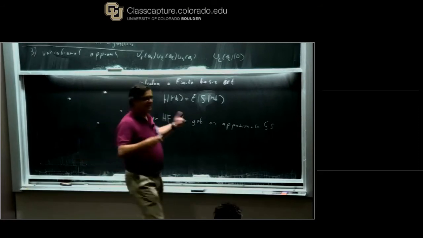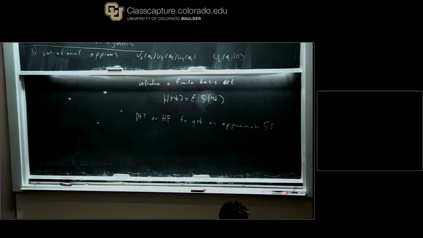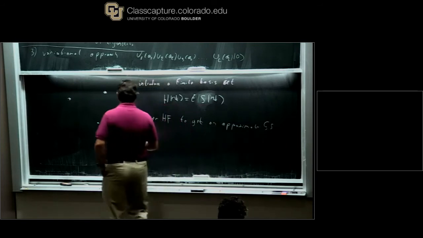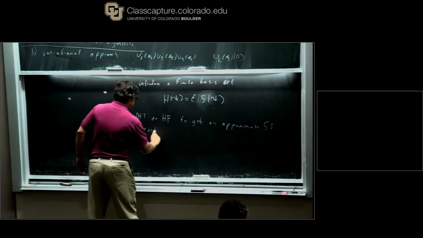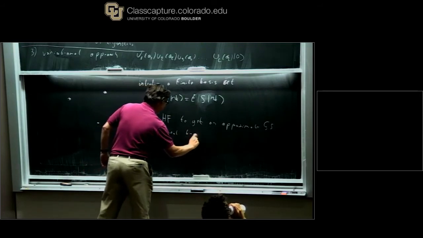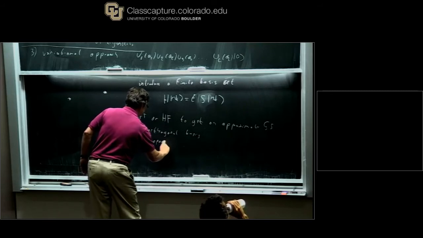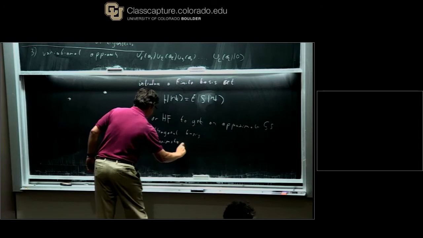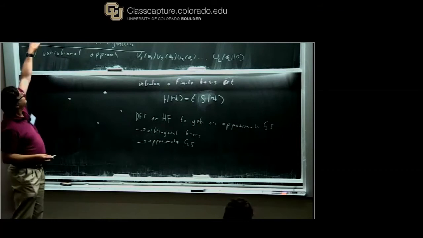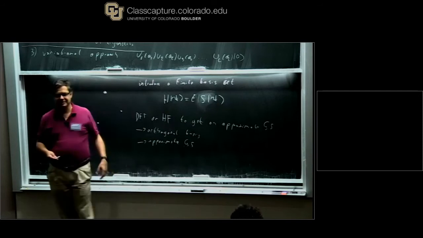Then I choose the one-body basis that I get from that, and I have an orthogonal basis and an approximate eigenstate. Approximate ground state. If I want to improve it, I go back to an adiabatic state preparation from this ground state.